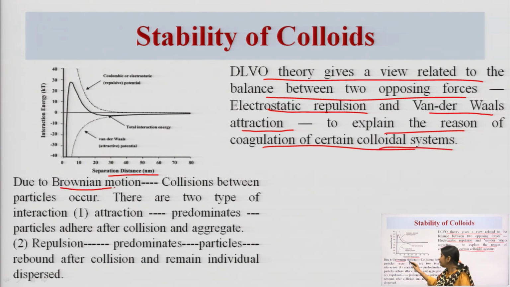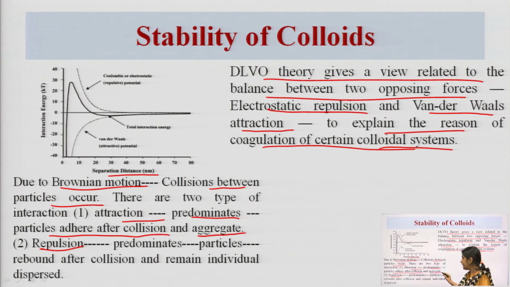Due to Brownian motion, collision takes place between the particles. There are two types of interaction, attraction and repulsion. If attraction predominates, the particles adhere after collision and aggregate. If repulsion predominates, then the particles will rebound after collision and remain individually dispersed.